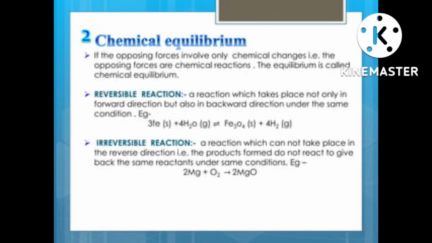For any pure substance at constant atmospheric pressure, the temperature at which the solid and liquid phases are at equilibrium is called the normal melting point or normal freezing point.